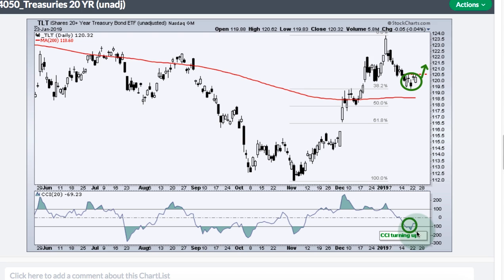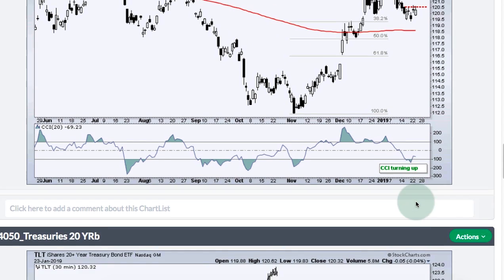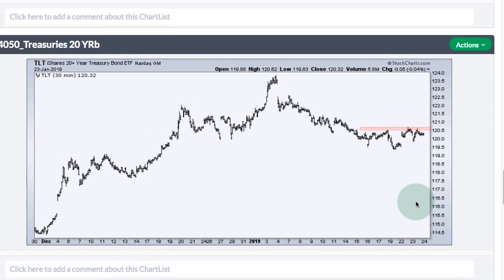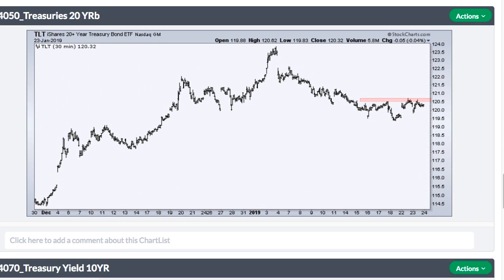So we're above the 200-day, we're in a long-term uptrend, and we become short-term oversold. Well, that's the setup for a mean reversion bounce and a move higher in bonds. And then we look at the 30-minute chart for more detail. You can see a clear resistance level to watch, and a breakout there would be bullish.